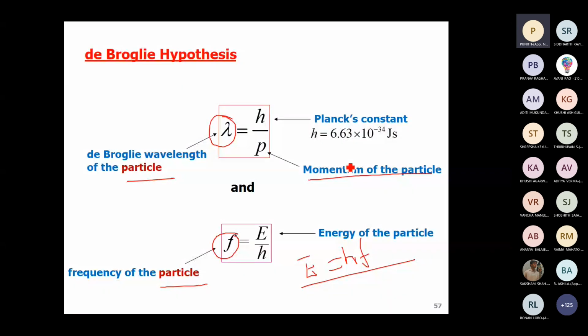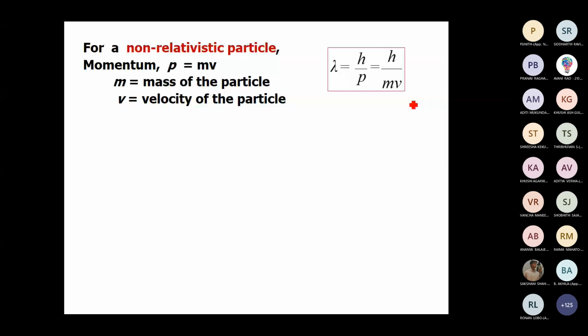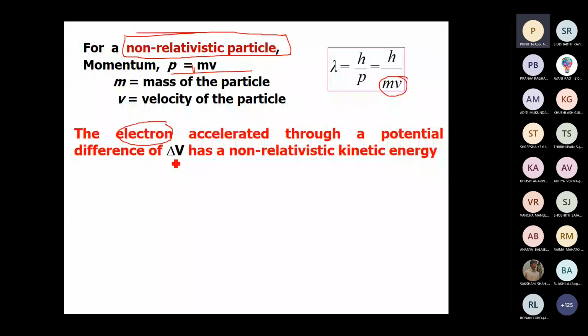In that case, we can write half mv square is equal to e delta V, where delta V is the potential through which the electron is accelerated. Since mv is p, if we multiply and divide by m, we can write this as p square by 2m equal to e delta V, or p equal to the square root of 2m e delta V. So the de Broglie equation can be rewritten as lambda equal to h by the square root of 2 m e delta V. These are the different forms of the de Broglie hypothesis: lambda equal to h by p, or lambda equal to h by mv, or lambda equal to h by the square root of 2 m e delta V. These are different forms of the same equation.